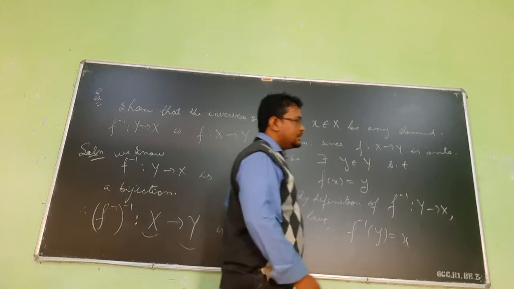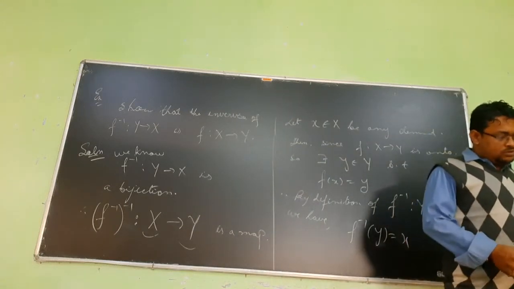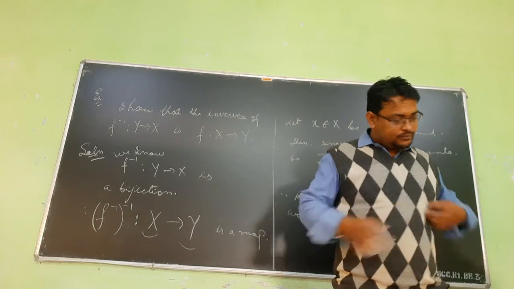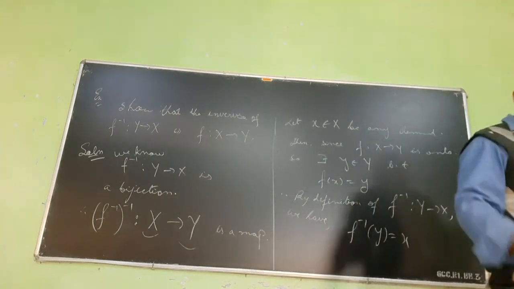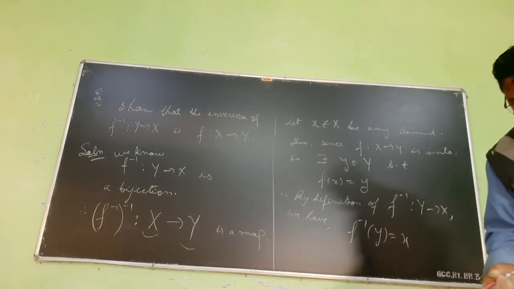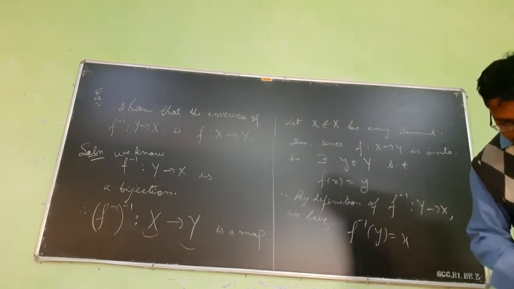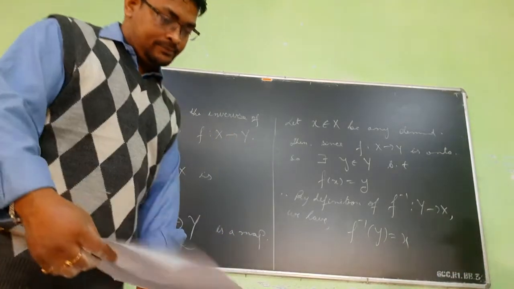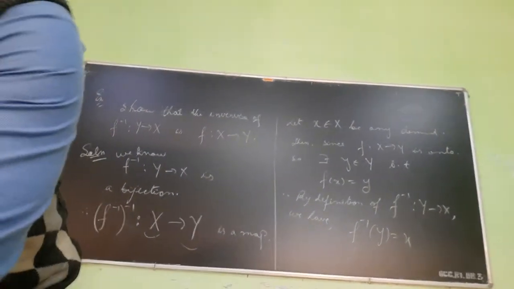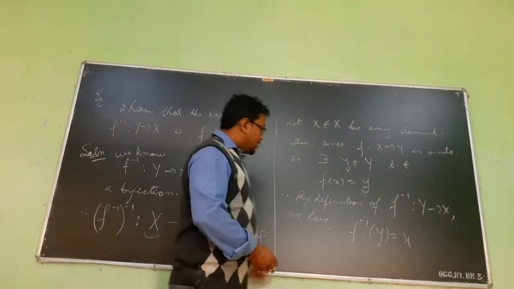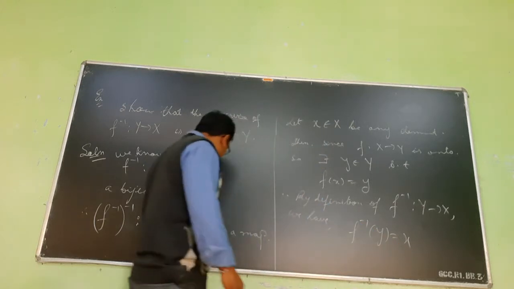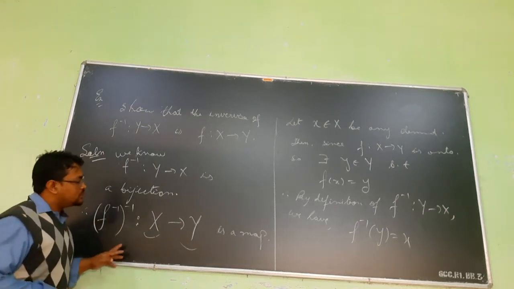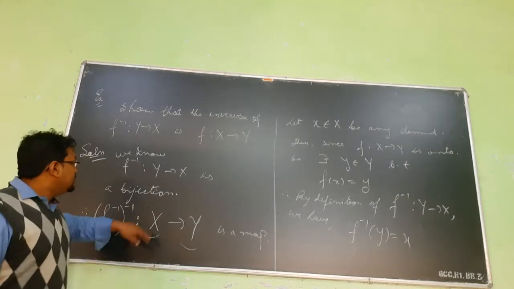Again, now see, f inverse of y is x, and f inverse whole inverse is also a map from X to Y. So how will f inverse whole inverse be defined? f inverse whole inverse means the inverse of this map.